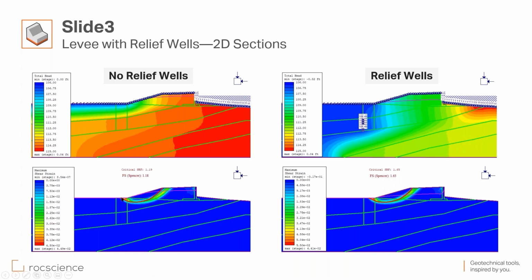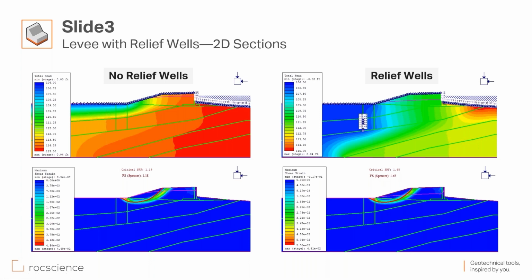If you compare the factors of safety, you can see that using finite element or limit equilibrium, it doesn't matter, they give the same answer. Factor of safety is 1.2 for the case with no relief wells, and when we have these relief wells, factor of safety goes up to 1.6. Again, the same using limit equilibrium or finite element method. The red failure surface is limit equilibrium.